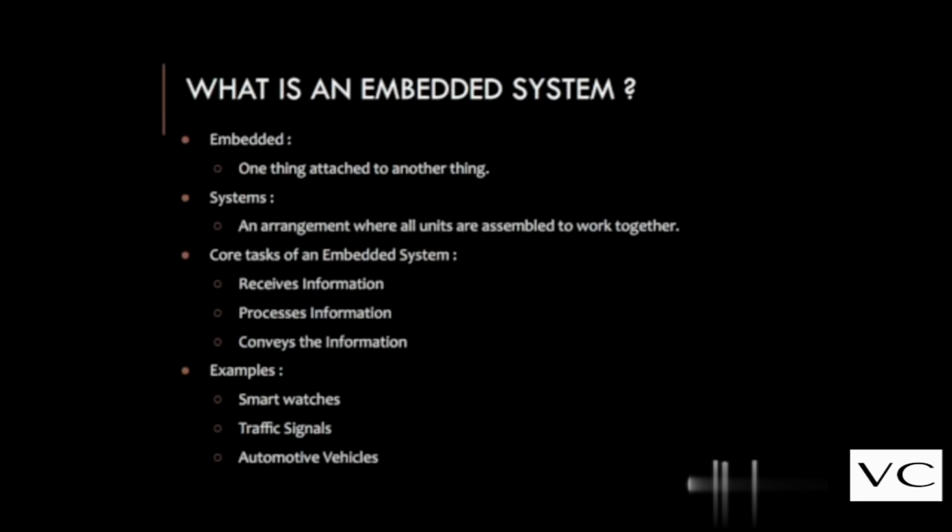Now let's go one step deeper. In this embedded system, we talked about hardware and software, but those are not the only two integral layers. Another layer is added, which is called firmware. So if we see the hierarchy, it is first hardware, then firmware, and then the software.